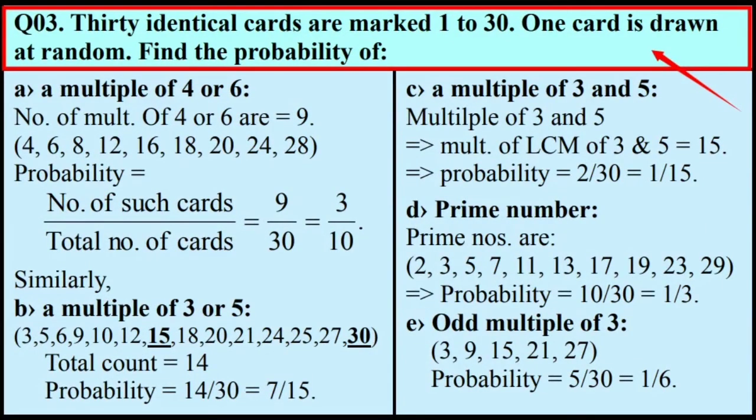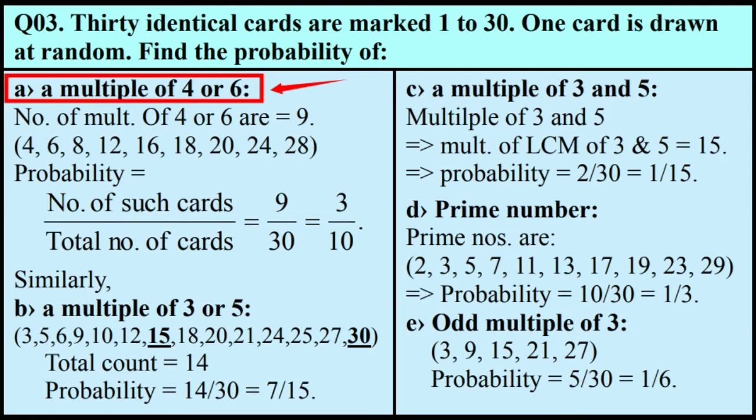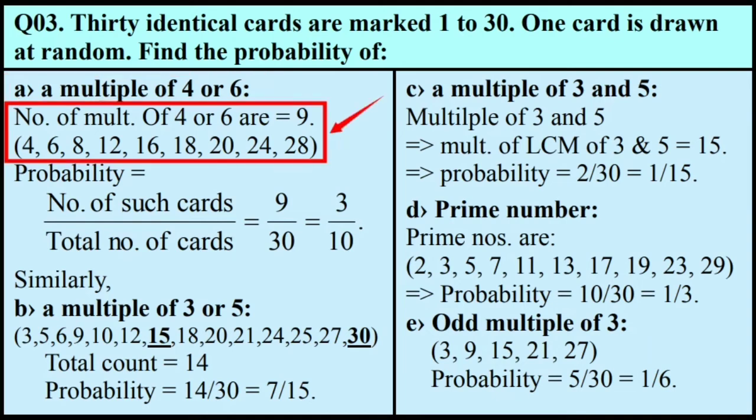Let's take another question. Question number 3. 30 identical cards are marked 1 to 30. One card is drawn at random. Find the probability of number A, getting a multiple of 4 or 6.